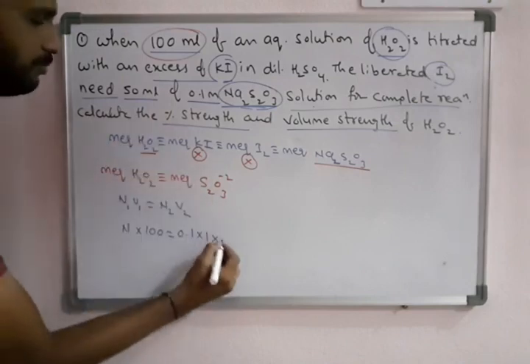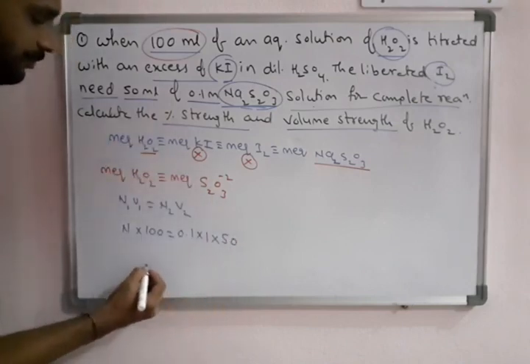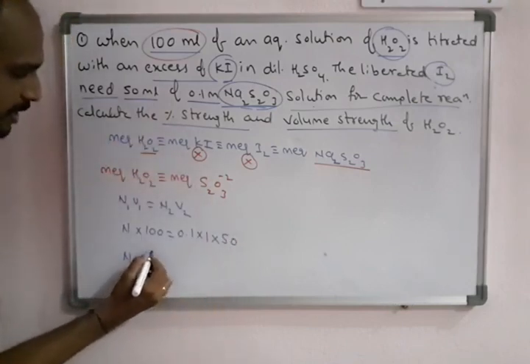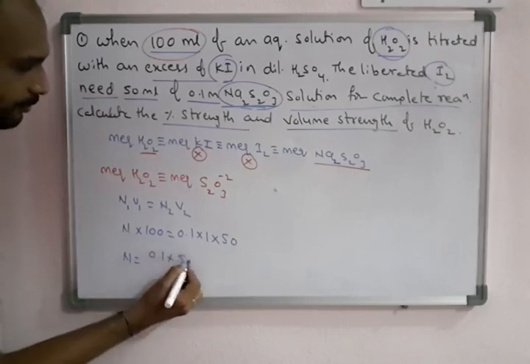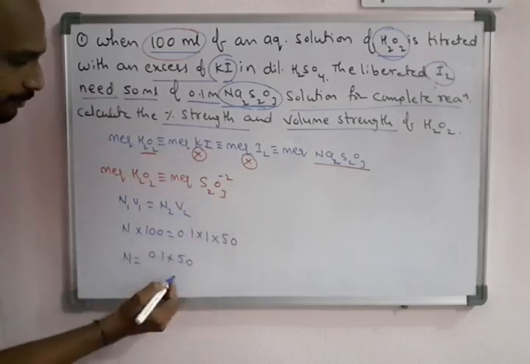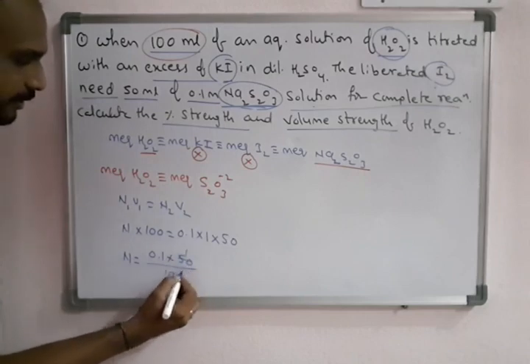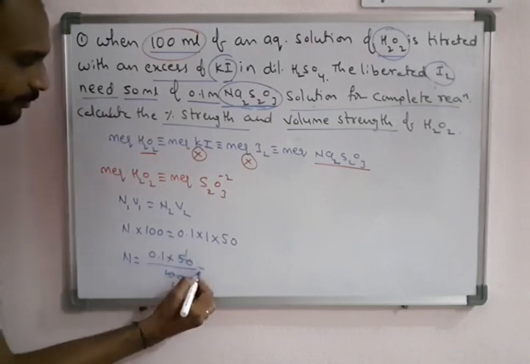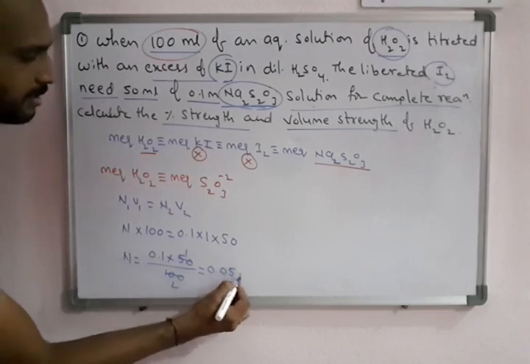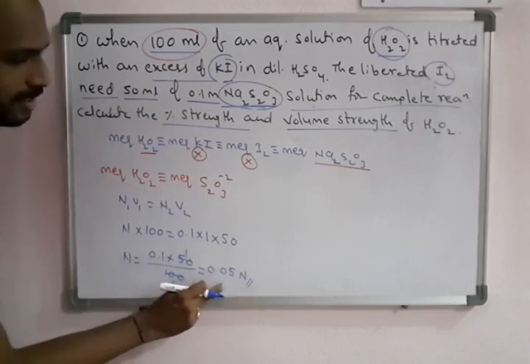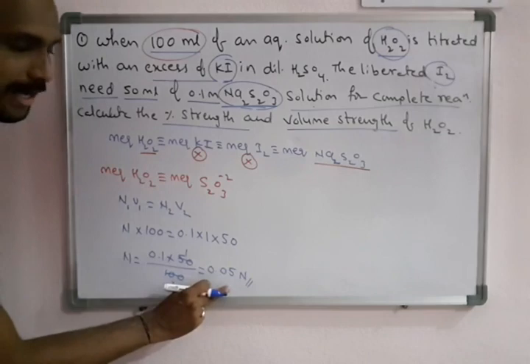What is the volume? 50 milliliters. So normality of hydrogen peroxide is equal to 0.05 normality.